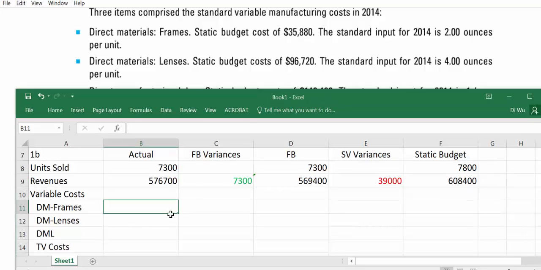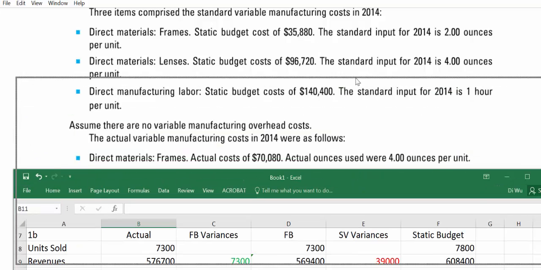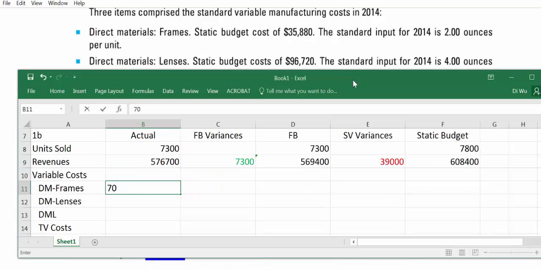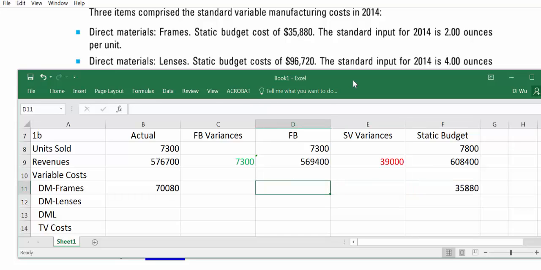For the DM frame, the actual one we have 70,080. Perfect. And for the static budget, we have 35,880. Perfect.